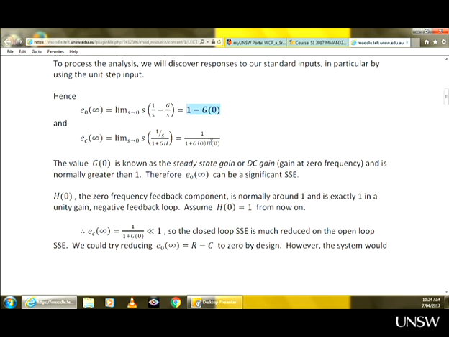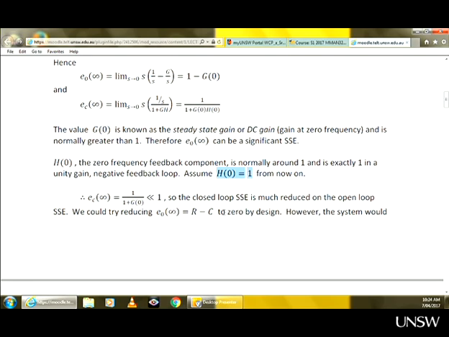If we also assume H of 0 is usually close to 1, it is just a sensor, it doesn't give you any amplification or attenuation, so it is roughly 1. For this lecture, we will assume it is 1 all the time. Then the closed loop error becomes 1 over 1 plus G of 0.